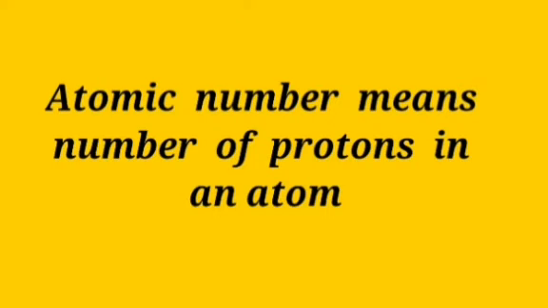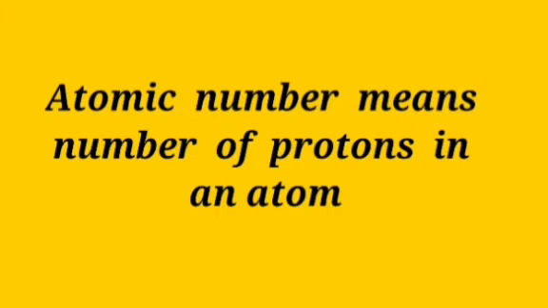Atomic number means the number of protons in an atom. That is the meaning of atomic number. Before you learn about atomic number, you should know about the subatomic particles: electrons, protons and neutrons, and their properties, that is, what the symbol is, how much electric charge it has, and what the mass is.